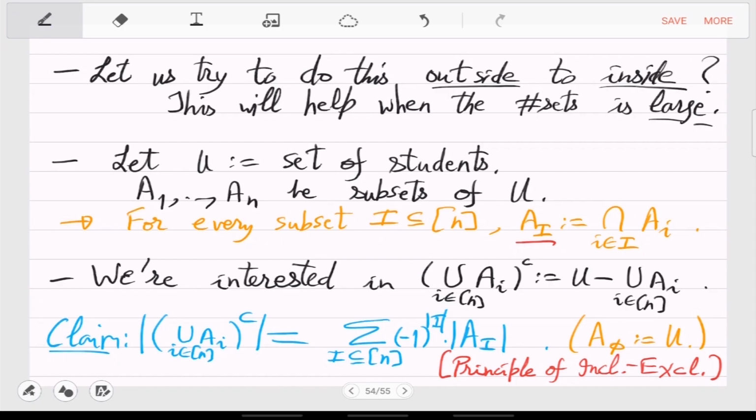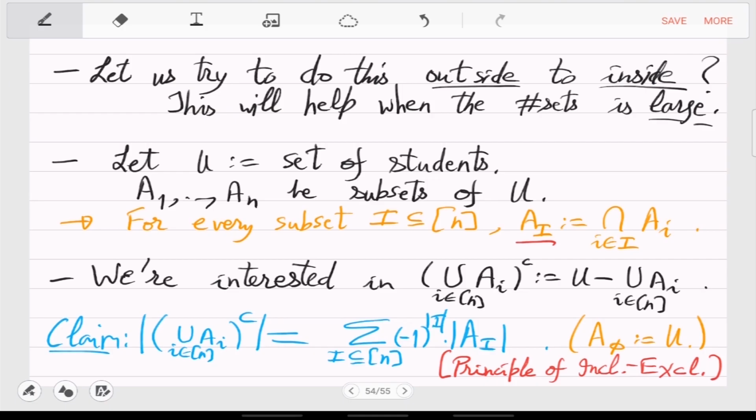And if the element u that you have fixed is not in the complement, which means that it is in one of the A sub i's, then the count in the RHS should sum up to zero. This is what you want to do. So you want to show that for small u, the RHS is either 0 or 1 in the correct direction, and no other value is possible.